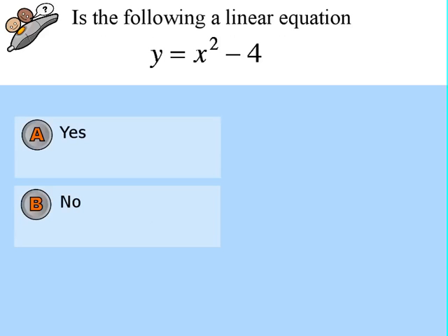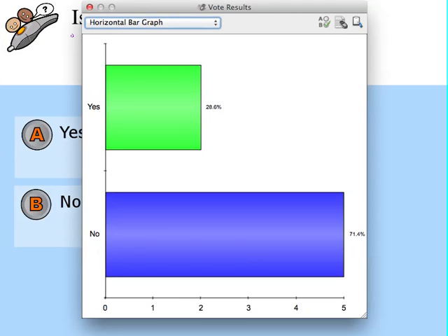Alrighty. Is that a linear equation, yes or no? Okay, hopefully we're getting a little bit better at identifying these. Should be a little easier to identify. So is that a linear equation?